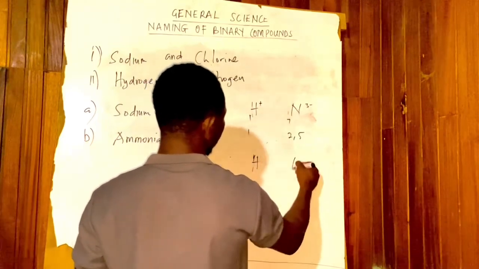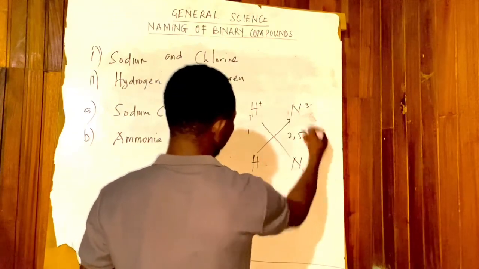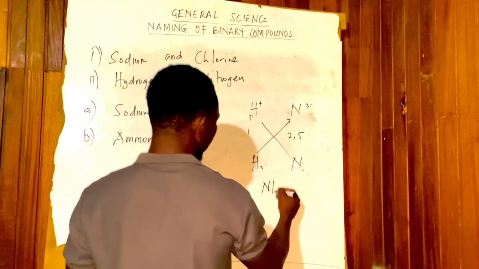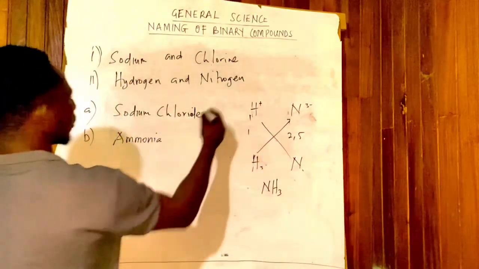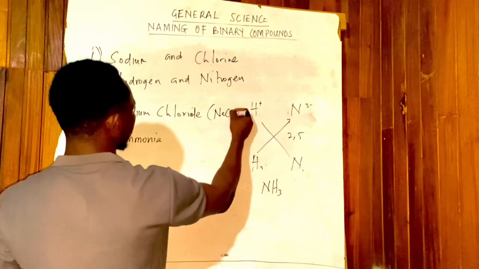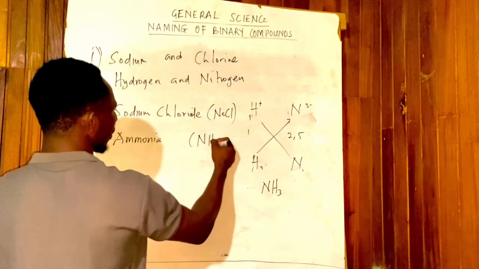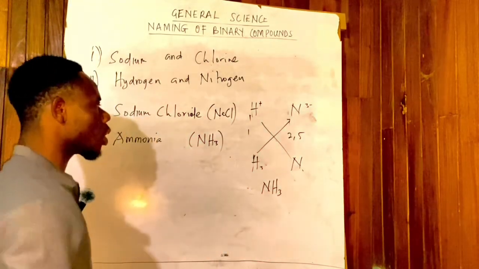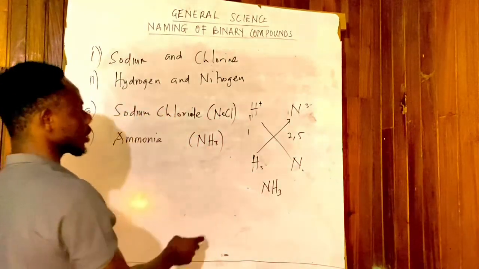So hydrogen, nitrogen like this. So there is 1, then this 3 comes here. So we are going to get NH3, so this is NaCl, this is NH3, also known as ammonia or nitrogen trihydride.